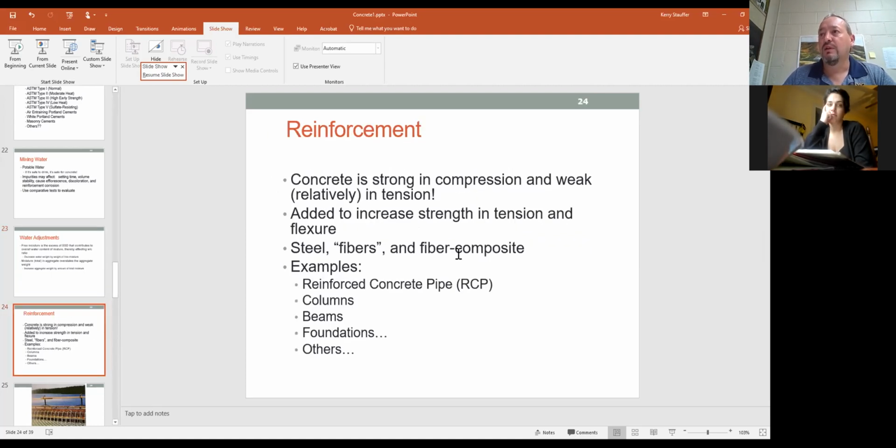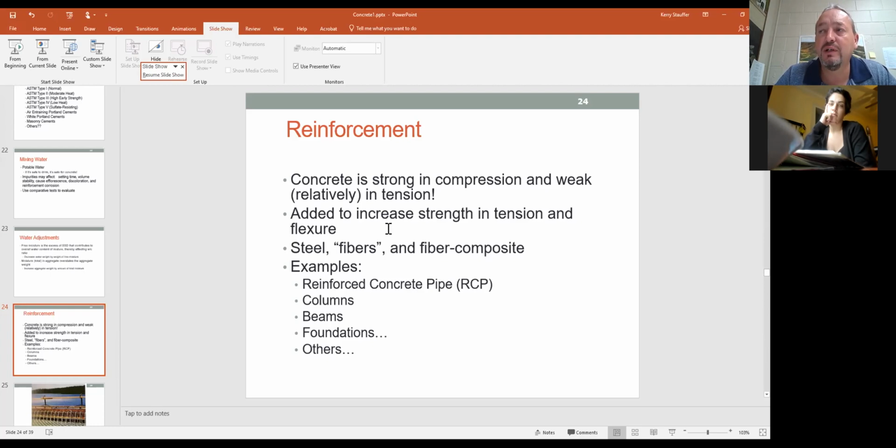The next slide is about reinforcement, and I think most folks have heard the word rebar, and in the past this was typically steel. There are different grades or strengths of rebar that you can get, and there are different sizes, and we'll talk more about that later on in the semester when we cover steel production and steel products.